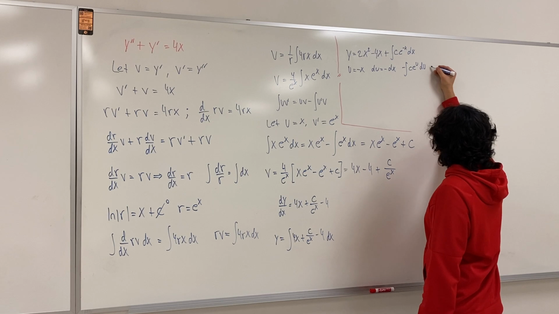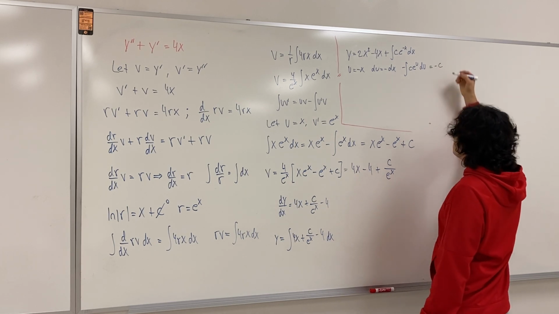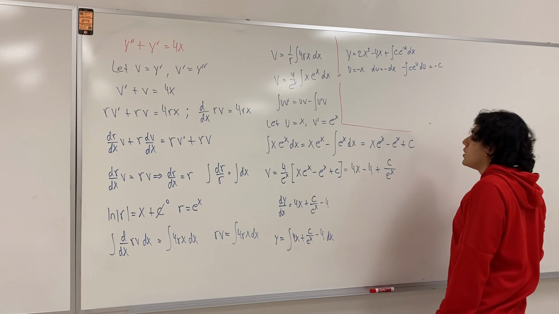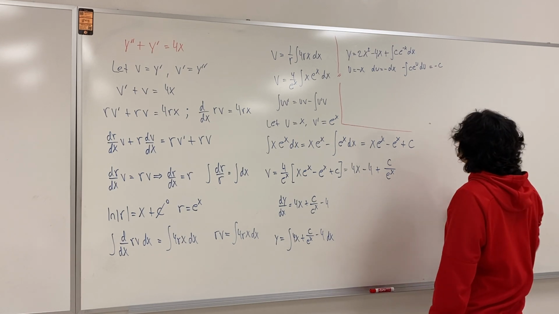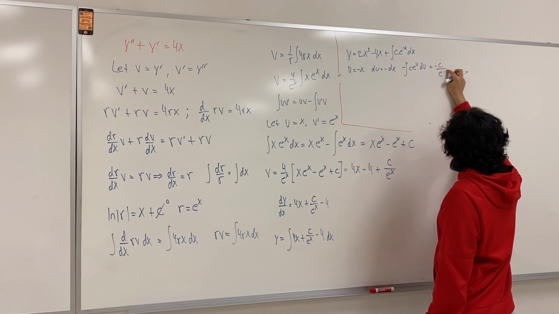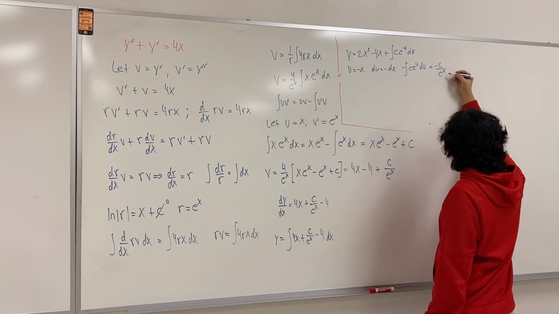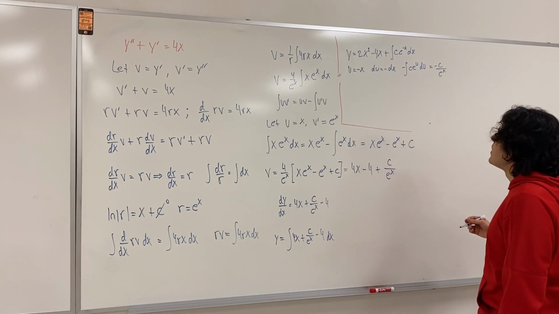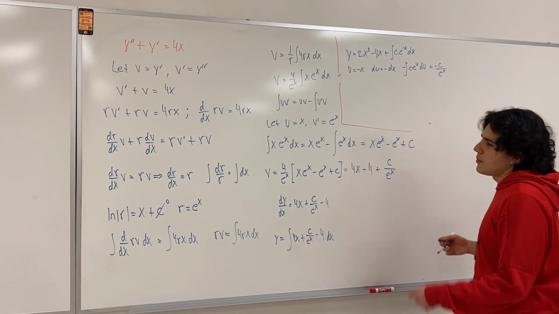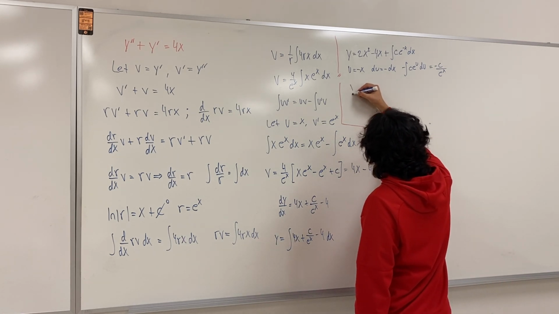And you're going to get what I was saying before. This will be minus c e to the u, and we know u is negative x, so overall we're just going to get e to the negative, oh well, not negative, if I'm putting it down here, we don't need the negative. So this becomes e to the x, okay? That is the mathematical representation of what I just said before. And overall we get our final answer.